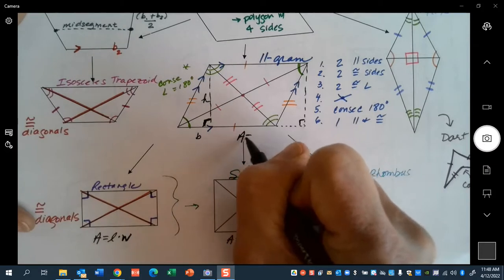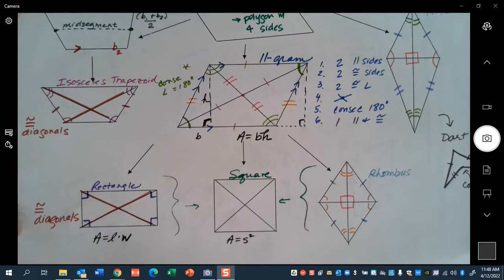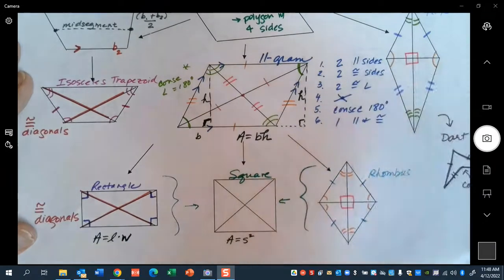So we know our area is base times height, but if you want to think of it as length times width, you can, just as long as you're sure that the height you're measuring is the perpendicular height of that shape.